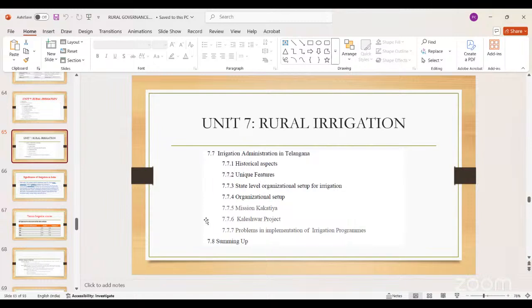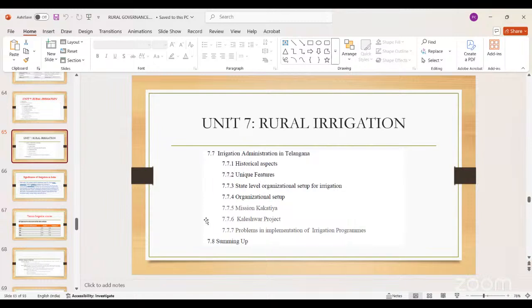This is the first program taken by the government of Telangana after coming into power in June 2014. The tanks and lakes are dug to remove silt for increasing their water storage capacity. That is a brief introduction about this scheme.